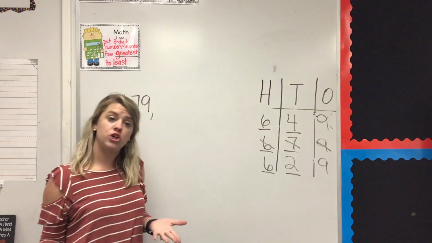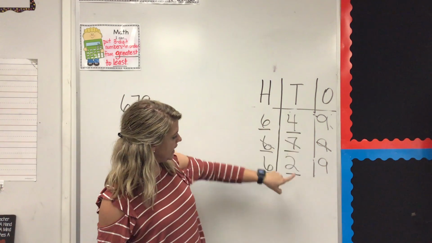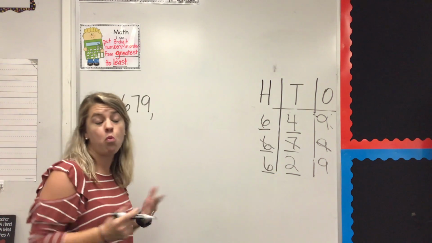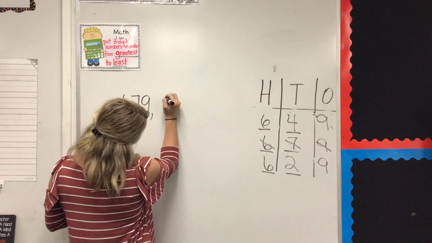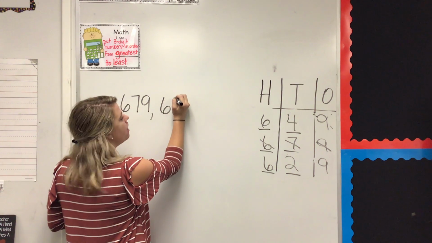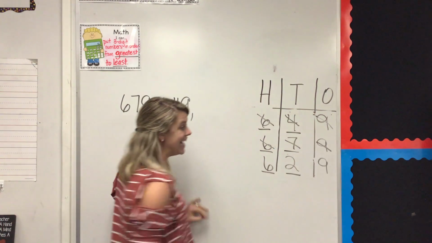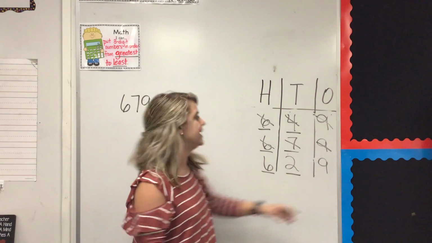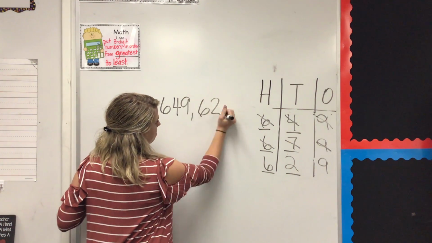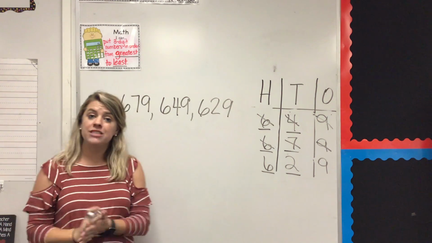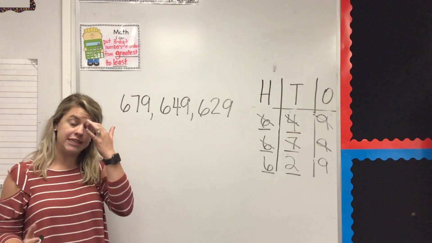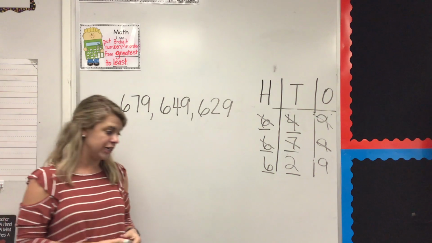And then we look at the two that are left, which is 4 tens and 2 tens. Which one is greater? 649. Very good. And our last one is the only one that is left. So 629 would be the last number. This is how we do it when the hundreds are all the same digit.